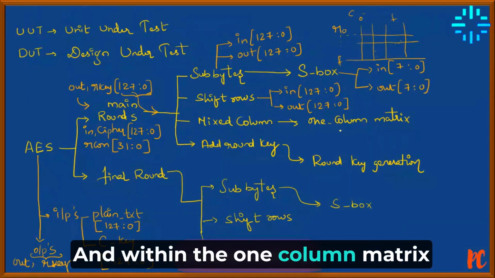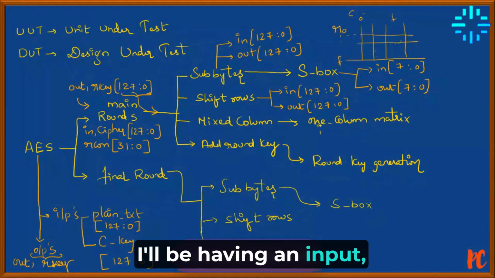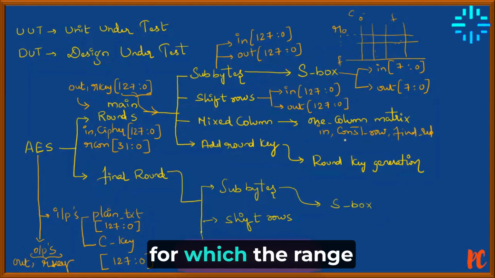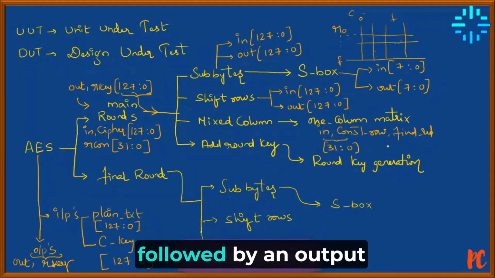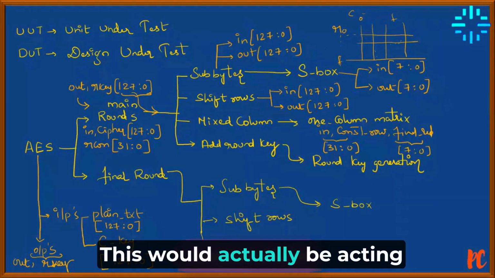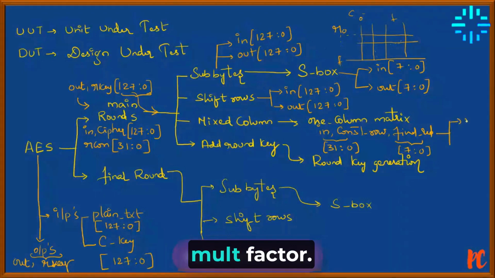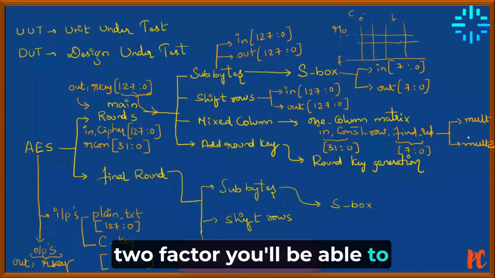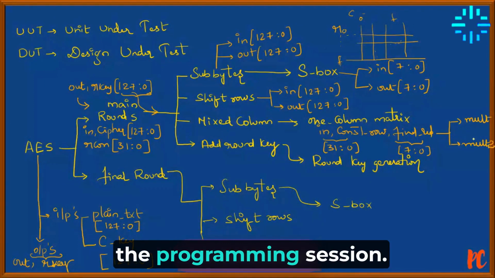And within the one column matrix, I'll be having an input, a constant row and a final result as output, for which the range will be 32 bit followed by an output of 8 bit. This would actually be acting as input for your multiplication factor. One more file I'm taking as multiplication factor. You'll be able to understand this once we enter into the programming session.